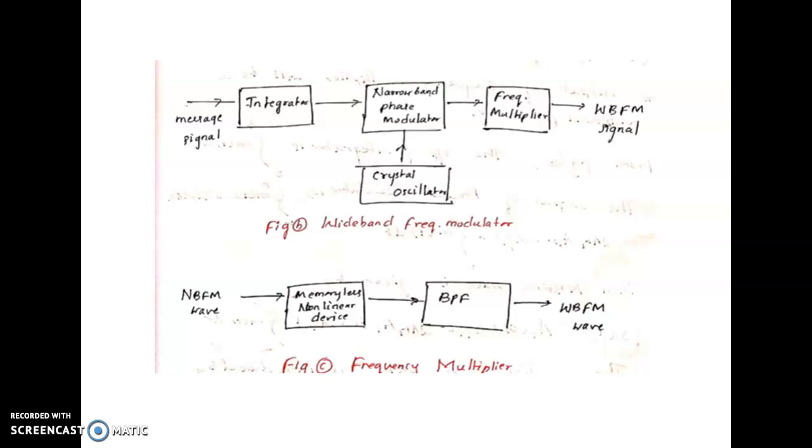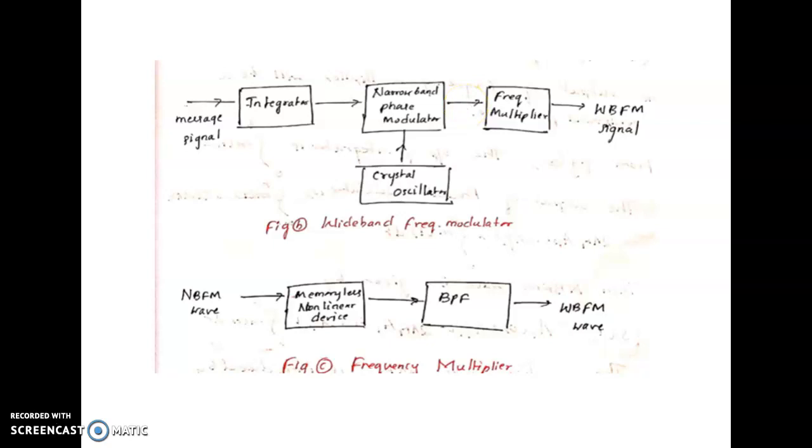That narrowband FM wave is available here. It has a carrier frequency, say f1, and a frequency deviation delta f1. So the carrier frequency is f1 and the frequency deviation is delta f1.